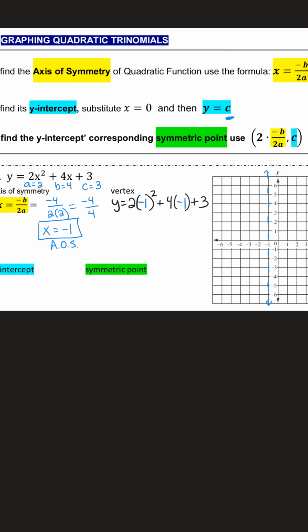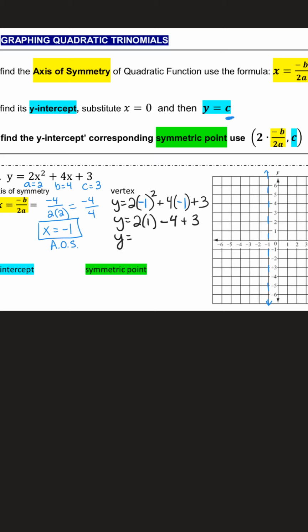Negative 1, negative 1. Then I'm going to just simplify from there. So I'll have y equals 2 times negative 1 squared. So negative 1 times negative 1, that's positive 1. Plus 4 times negative 1. Oh, that gives me negative 4. And then plus 3.